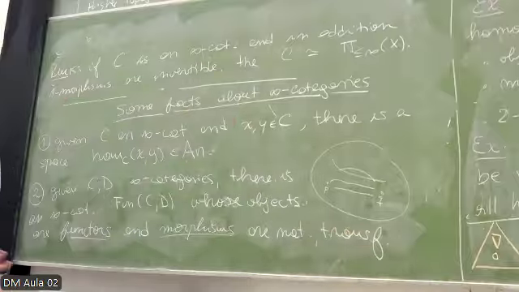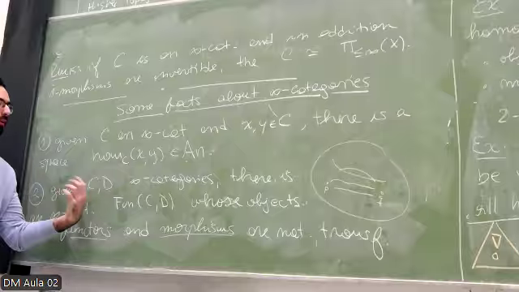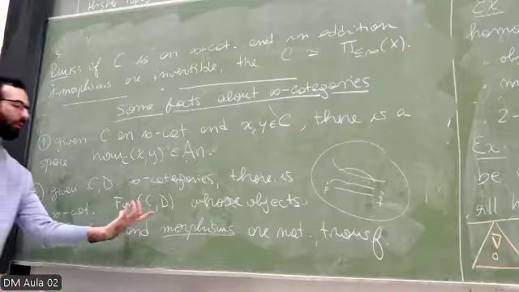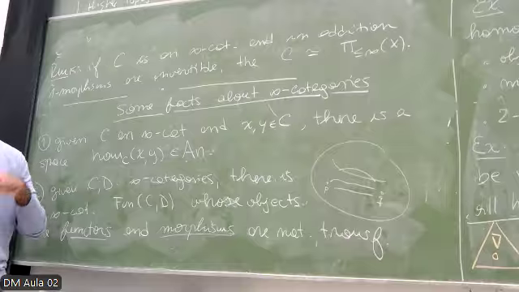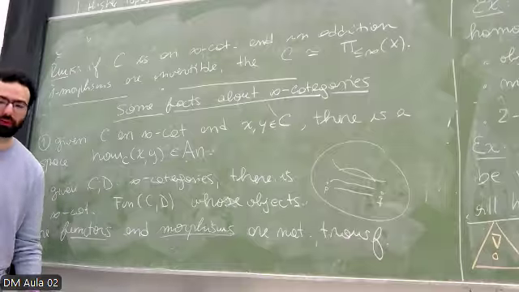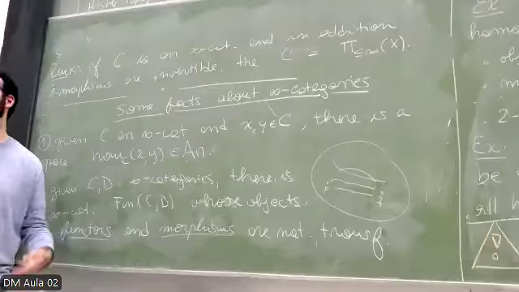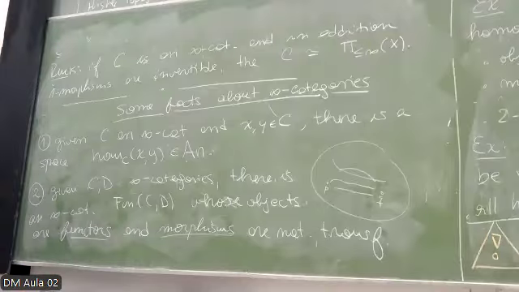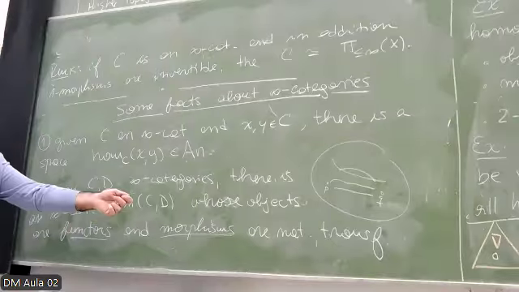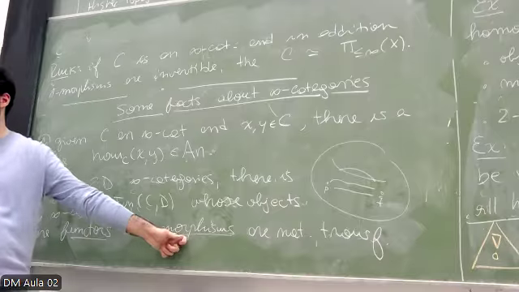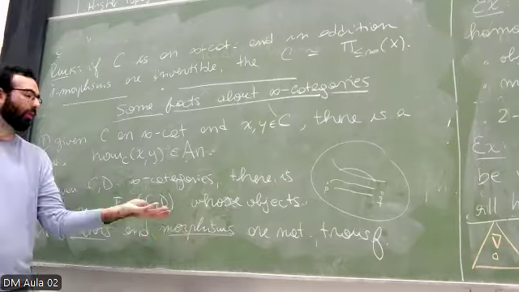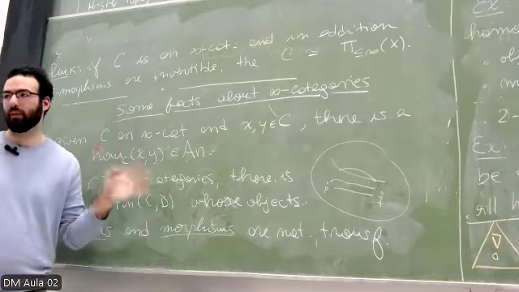So if you at least believe that given C and D there is some way to encode functors, things that respect objects, compositions up to homotopy, compositions of homotopies, and so on in a coherent way, I call functors the objects of such a thing, and natural transformations the morphisms of such a thing. Of course, I'm not saying what this is, I'm just saying it exists.